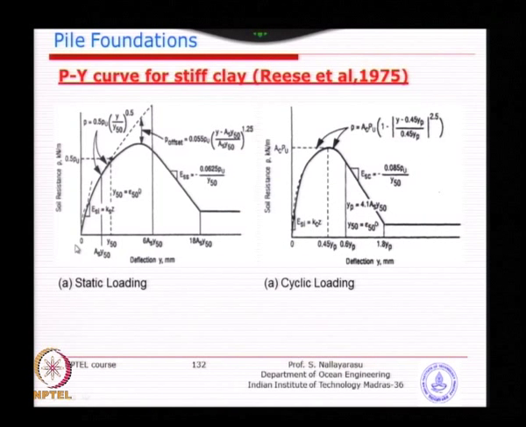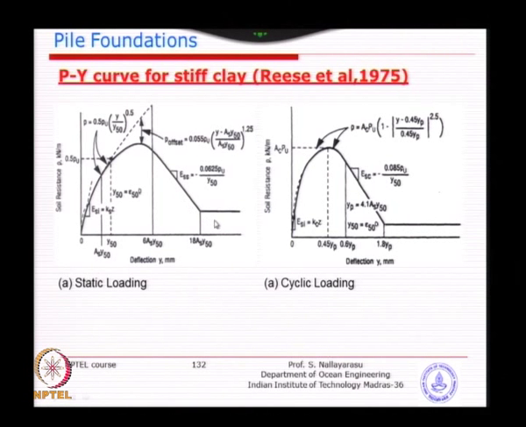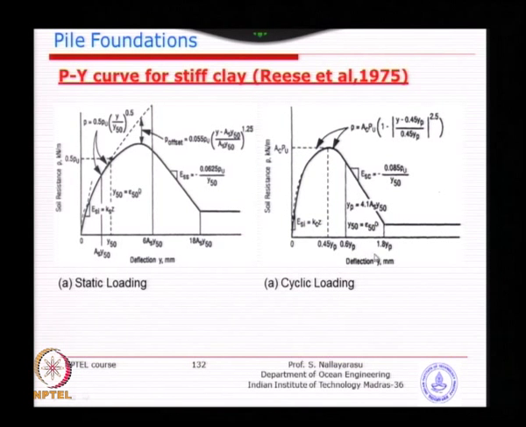If you just compare them, later we will compare something like this. It goes by a linear or straight line, then a curvilinear, and then goes down, and then becomes a plateau at this much displacement, 18 times As times y50. Here this As, and there will be a coefficient called Bs for cyclic loading, which will be part of this yp, just to take into account the static and dynamic loading.